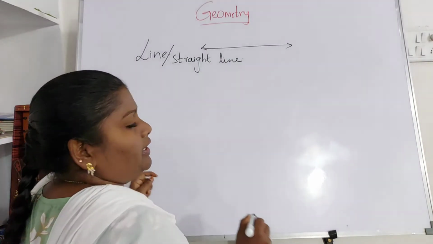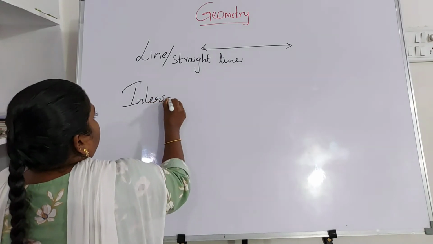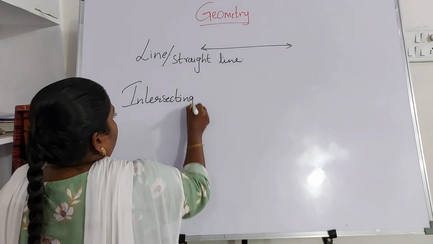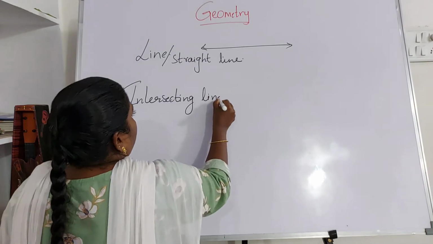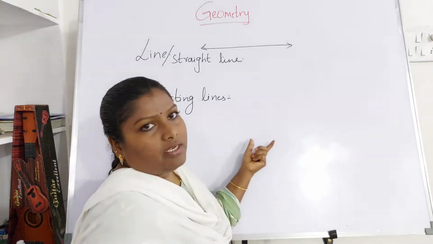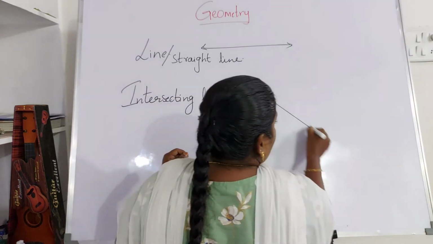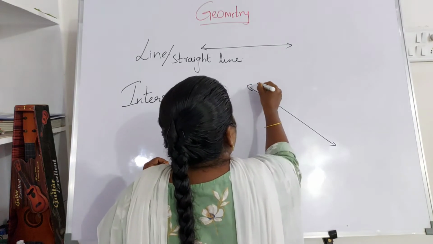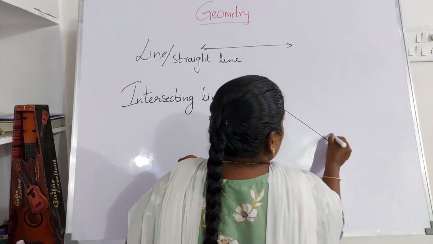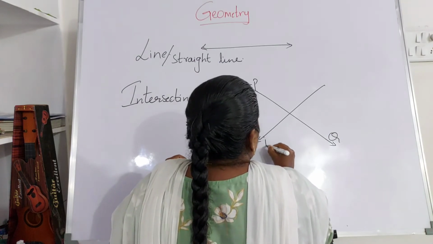So next one is intersecting lines. Now what are intersecting lines? Two or more lines meeting at a point are called intersecting lines. For instance, this is a line PQ and another line RS.